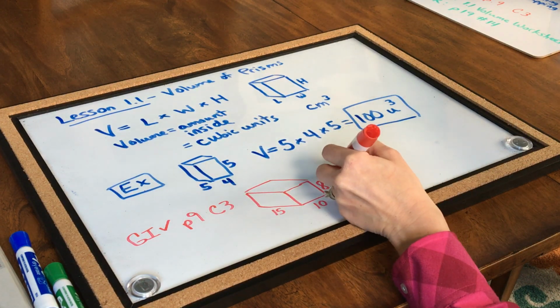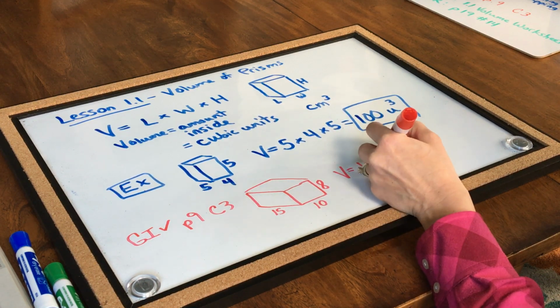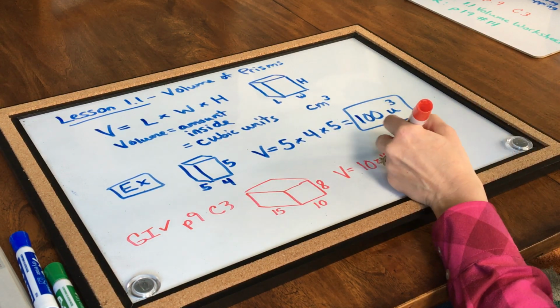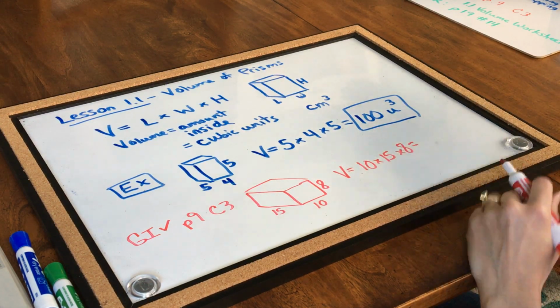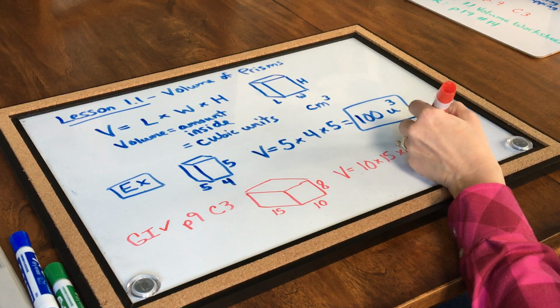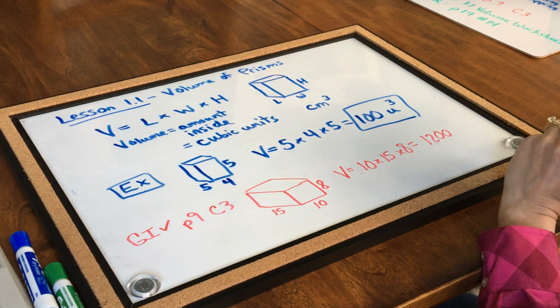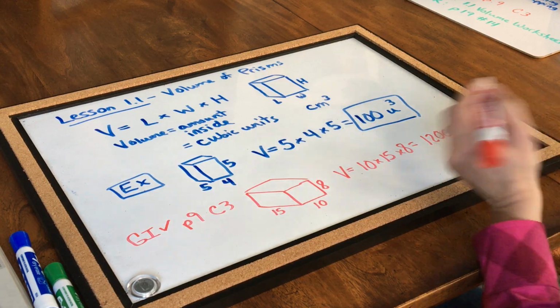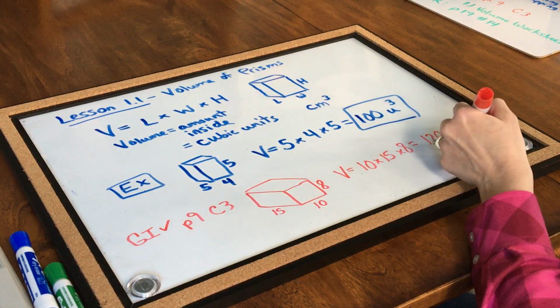To calculate my volume, that's going to be the length times the width times the height. If I multiply these together, 10 times 15 times 8, I get 1,200. In this case, they asked us for shipping containers, so we'll just use cubic units of shipping containers.